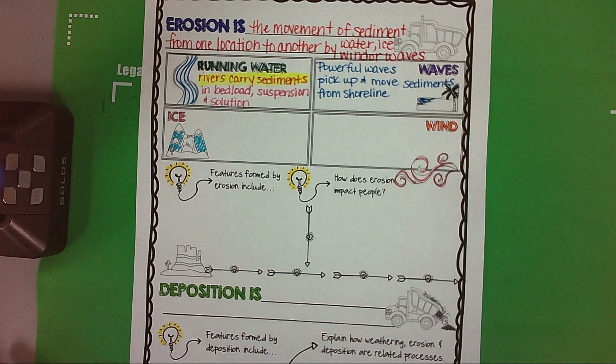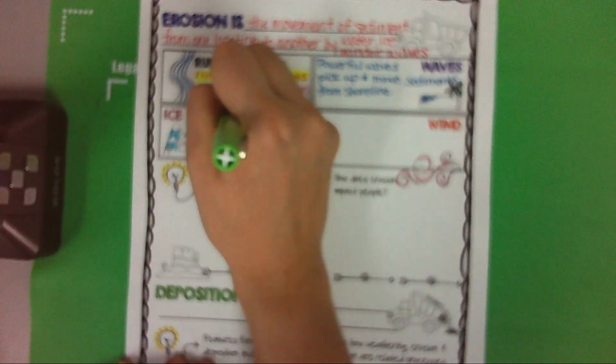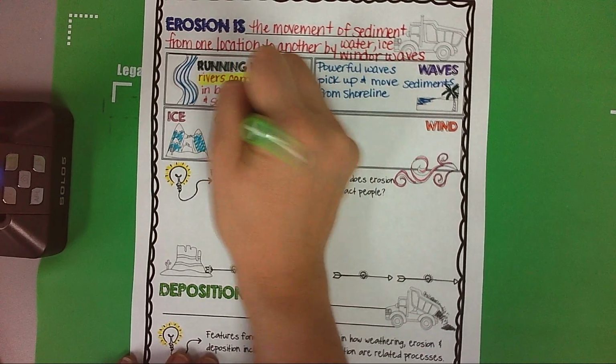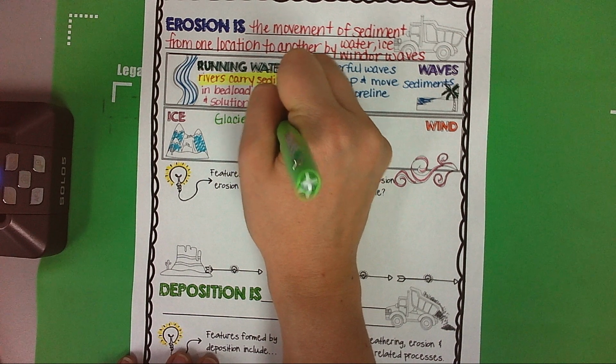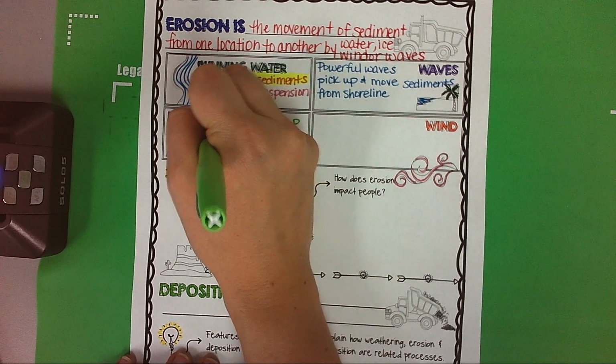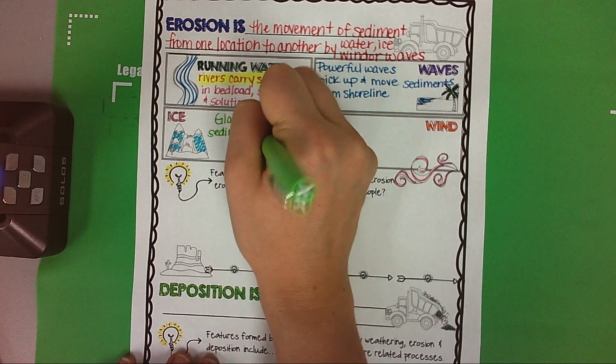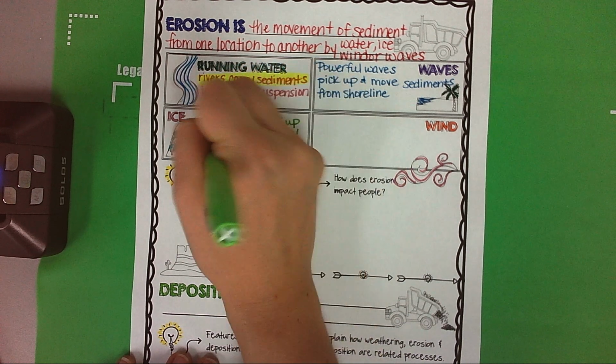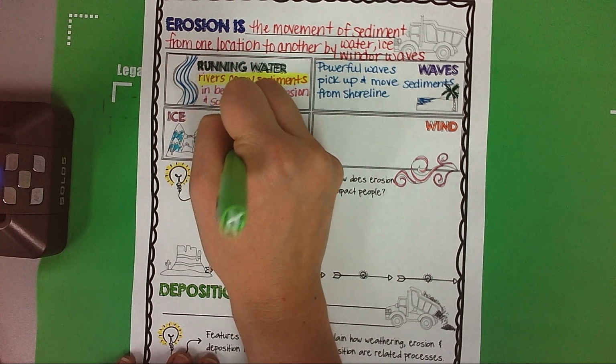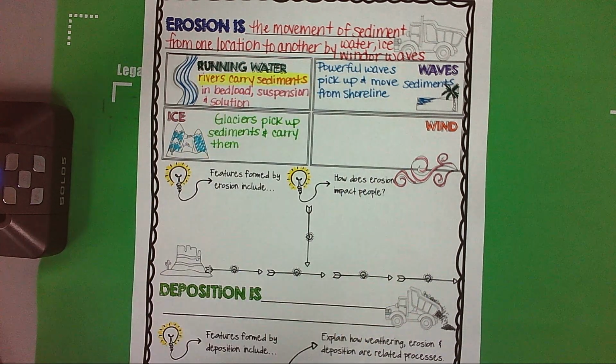So now let's talk about ice. We in Florida don't know too much about ice, but we do know that it does affect other areas. So let's look at how that could happen. So glaciers, which are huge pieces of ice, pick up sediments and carry them.